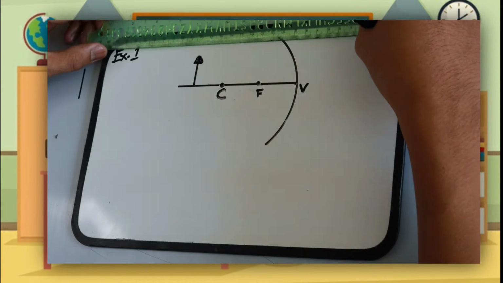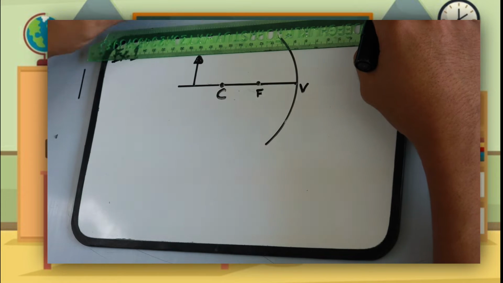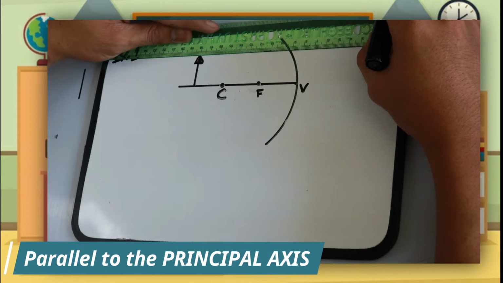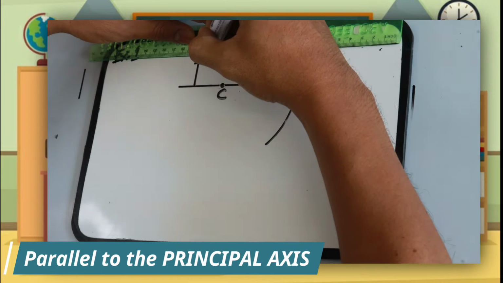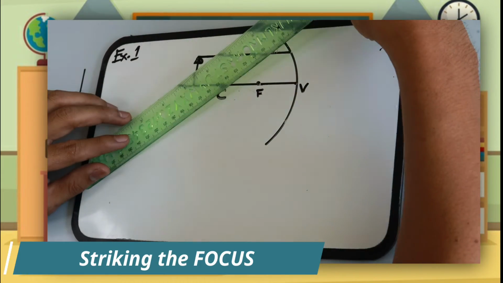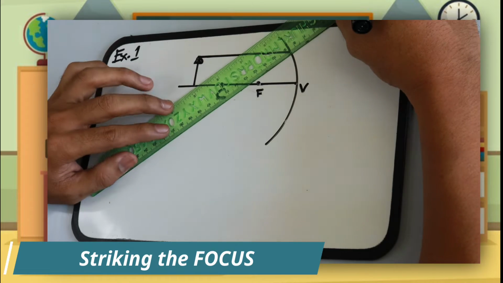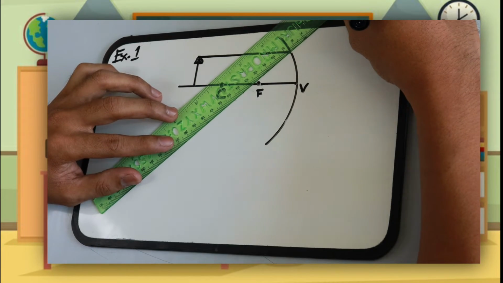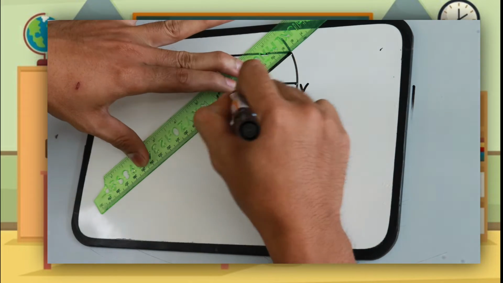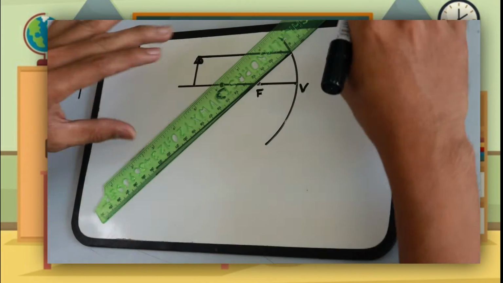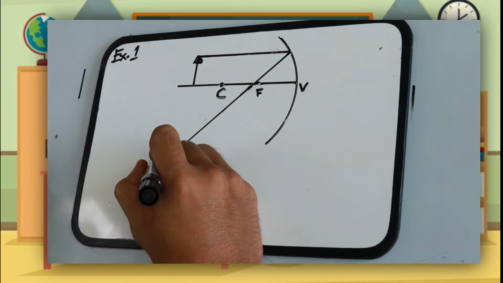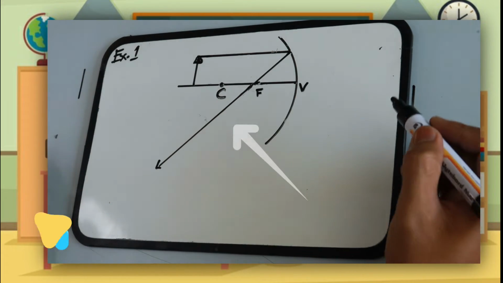First, coming from the tip of the object parallel to the principal axis, then striking the focus. So this will be our first ray.